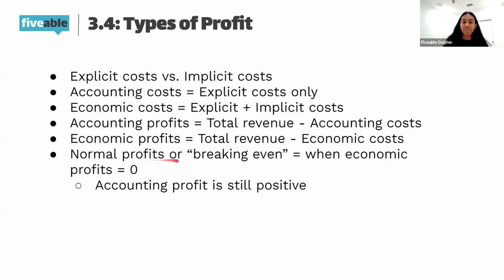Normal profit is when you break even, when your economic profit is equal to zero. So your total revenue is equal to the sum of your explicit plus implicit costs. And when you're making a normal profit, your accounting profit is still positive.